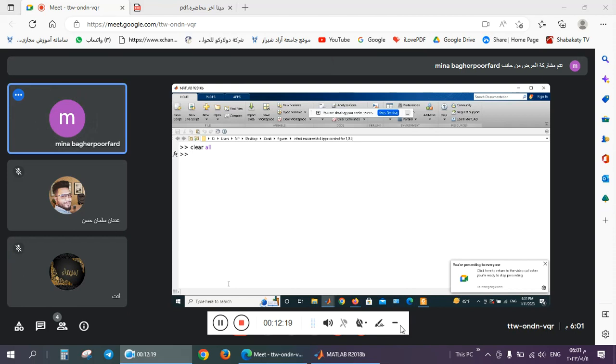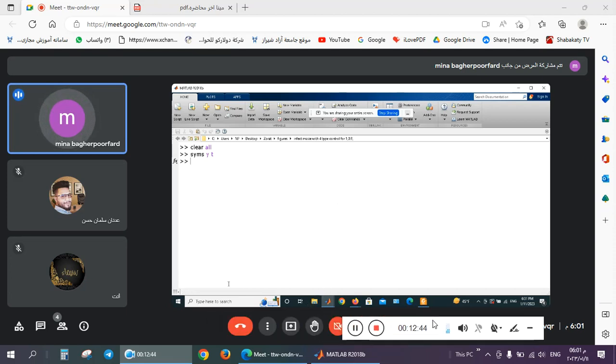Define syms. Our equation is with respect to y, and I define syms first y. The solution of our equation has an independent variable, and I define t as syms. After that, I define our equation.